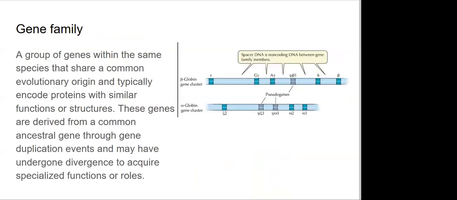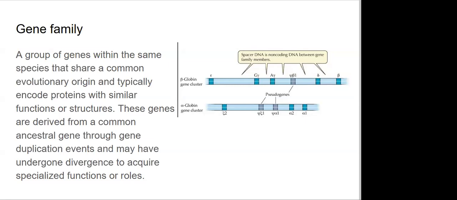And gene family is just a term for a group of genes that have a common evolutionary origin. And in general, they often have similar functions or structures for their proteins. Basically, you had a duplication event that led to multiple genes that were originally coding to do the same thing.